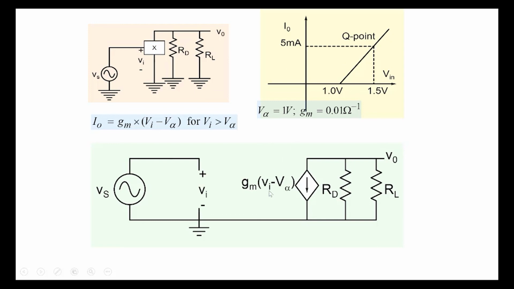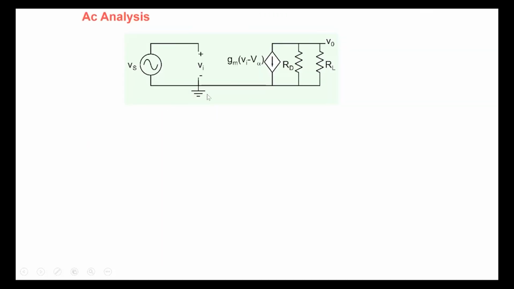So the current I naught is GM (VI minus V alpha), for VI greater than V alpha. We can describe it as a dependent current source here. And of course, there's an RD and there's an RL here. So that's the circuit that we need to solve, and this is basically our transistor model.